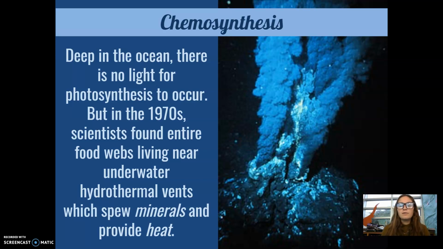There are some organisms that were actually discovered in the 1970s by scientists, creating an entire food web, basically just a bunch of different organisms living together or around each other. And they use these underwater hydrothermal vents, and hydrothermal just means that they spew minerals and heat.